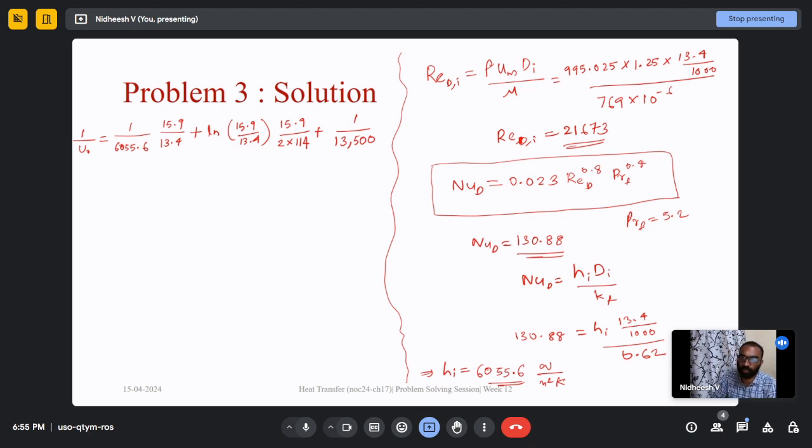If we evaluate this, we will get the value of U naught. If someone wants, they can substitute and solve it now. Yeah, we have time. Let me substitute this and find out the value.